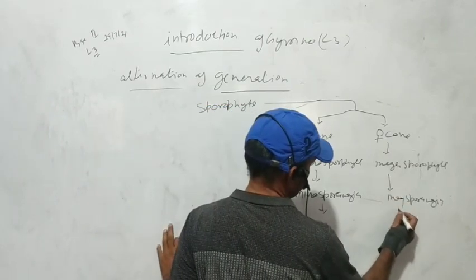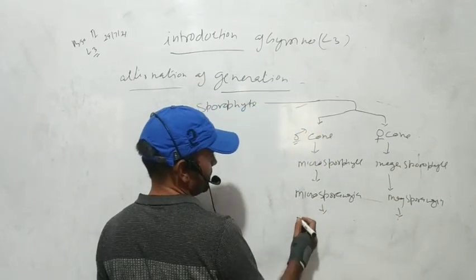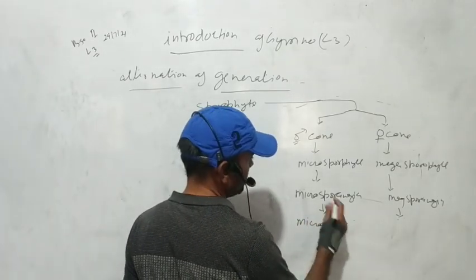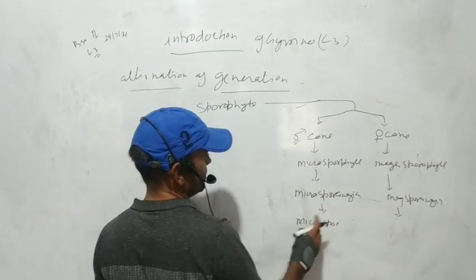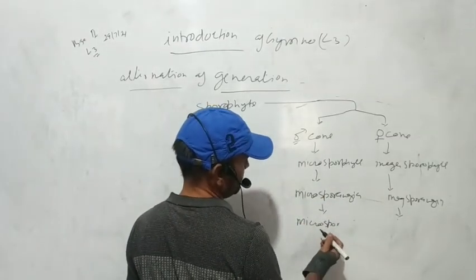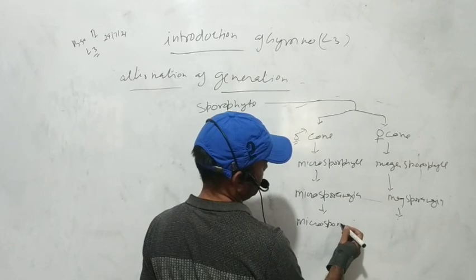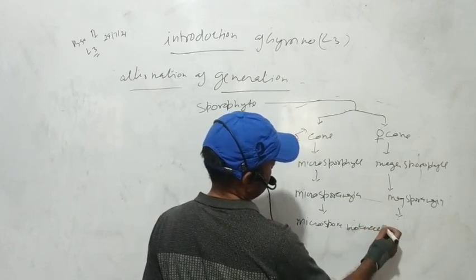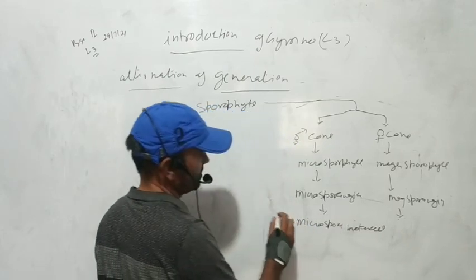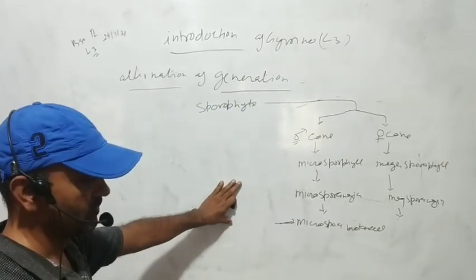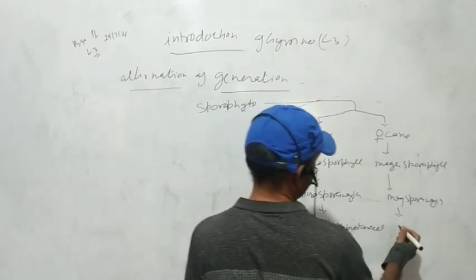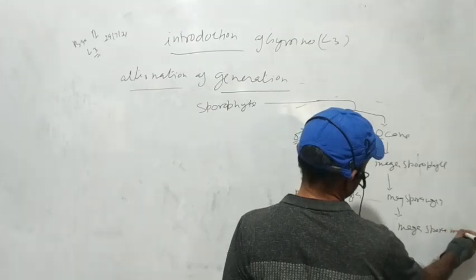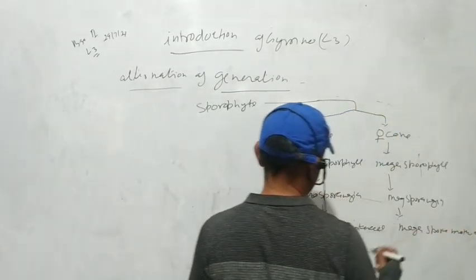Especially in microsporangia, the cells are named microspore mother cell. Remember this name, microspore mother cell is found, and here one megaspore mother cell.